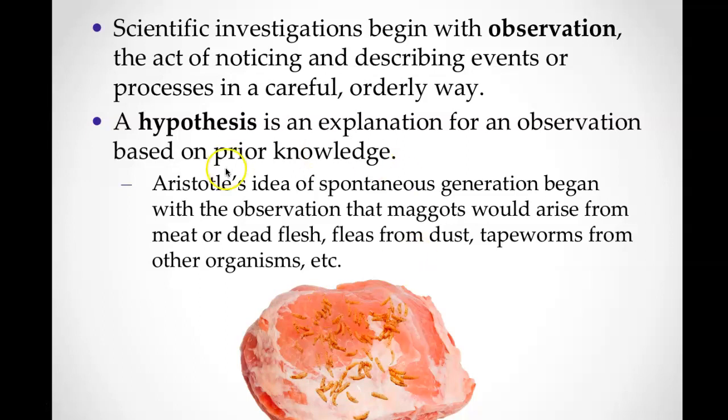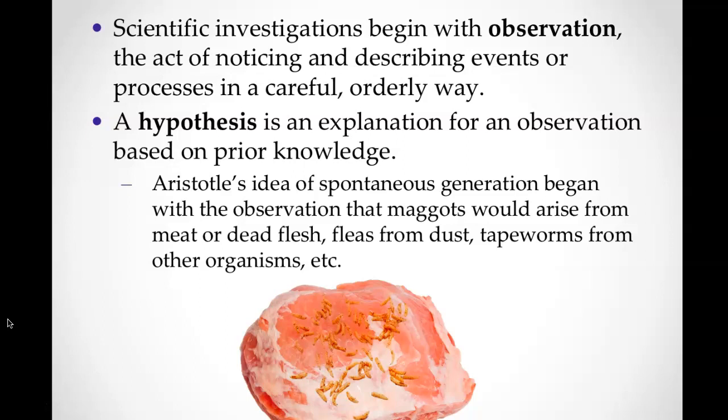All right. So a scientific investigation begins with an observation. We're kind of starting back over at the beginning of those steps, and I'm going to go through each one as it applies to the spontaneous generation experiment that was done. The act of noticing and describing events or processes in a careful, orderly way is observation.